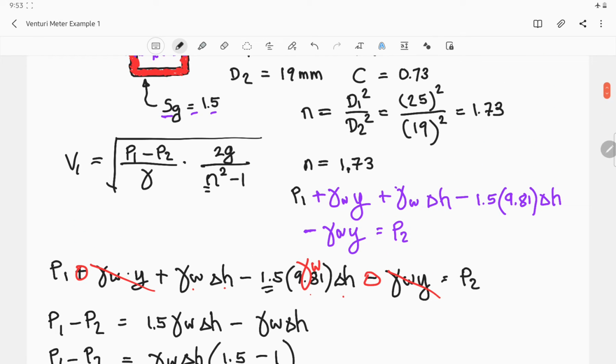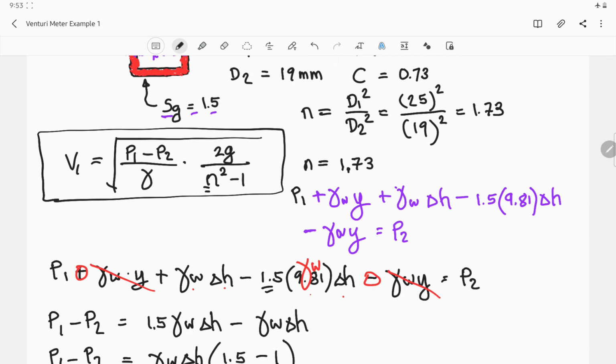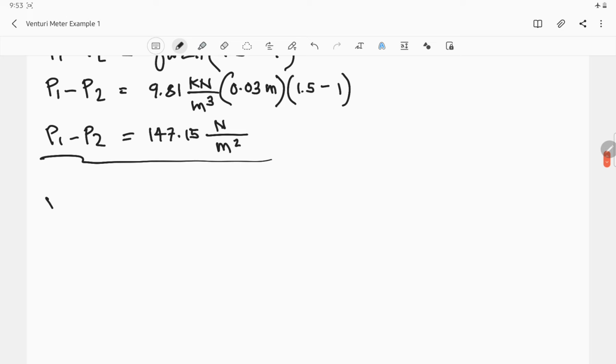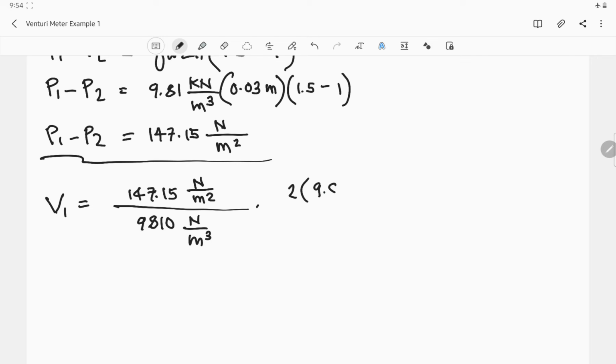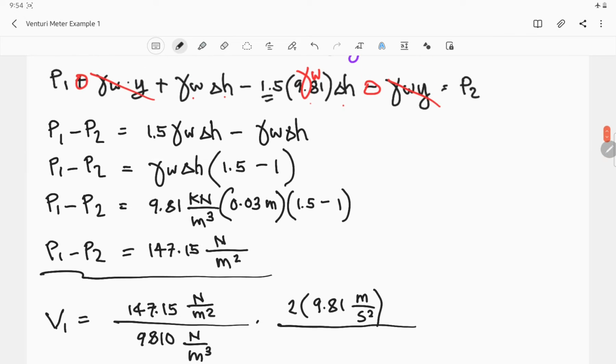So, going back to our equation. Okay, so solving for V1, P1 minus P2, that's 147.15 Newton per square meter over gamma, the unit weight of water, which is 9,810 Newton per cubic meter, times 2G, times 2 times 9.81 meters per second squared, over N. What is N?